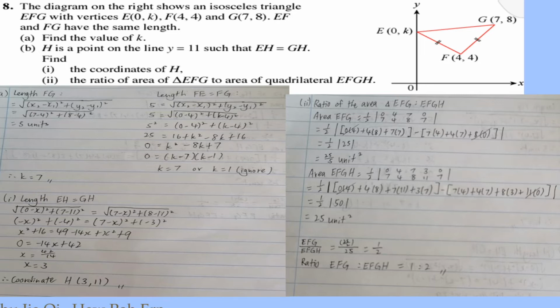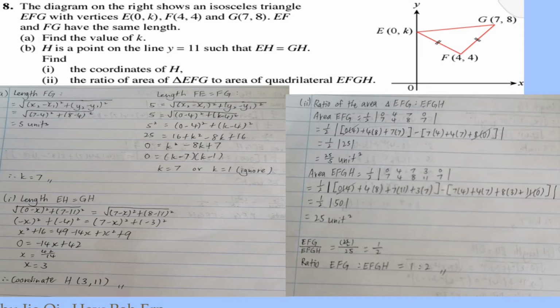And good. B2 is a ratio of the area of EFG and EFGH. The area of EFG equals 1 over 2 modulus, 0 7 4 4 7 8 0 7, modulus.